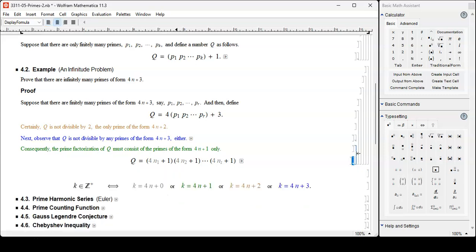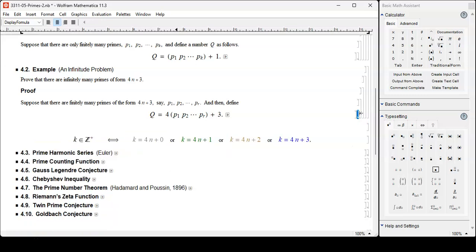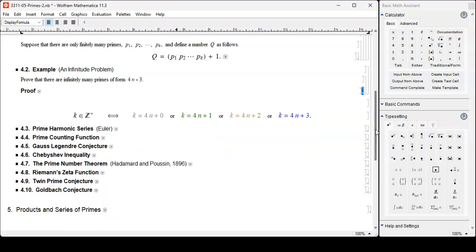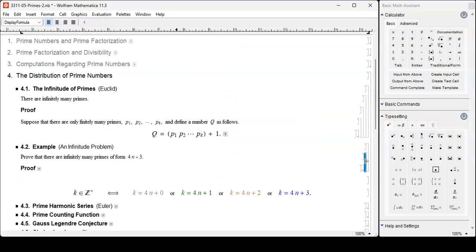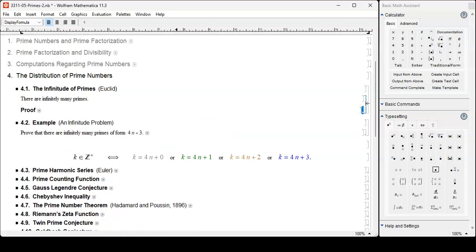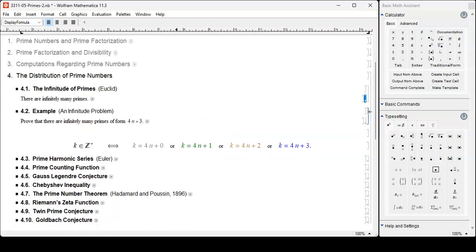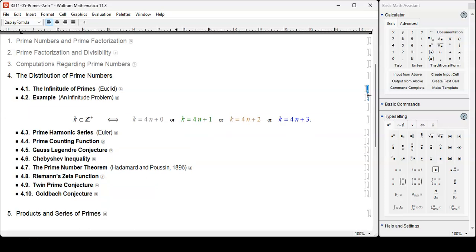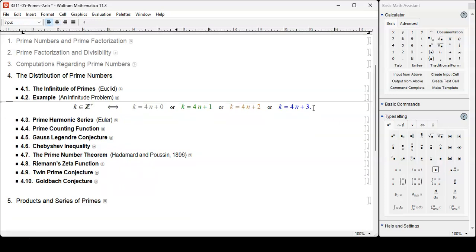A bit trickier, but we answer the question regarding a distribution of prime numbers. So modulo 4, we can answer the distribution problem on prime numbers sort of like this.